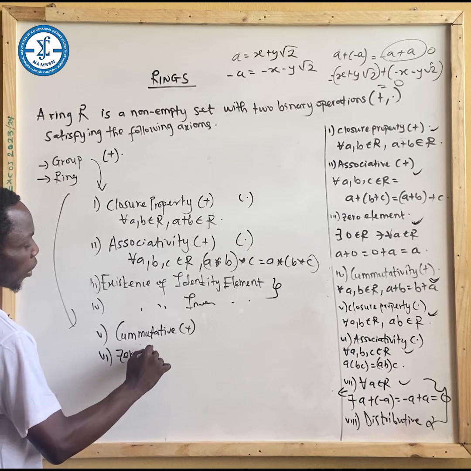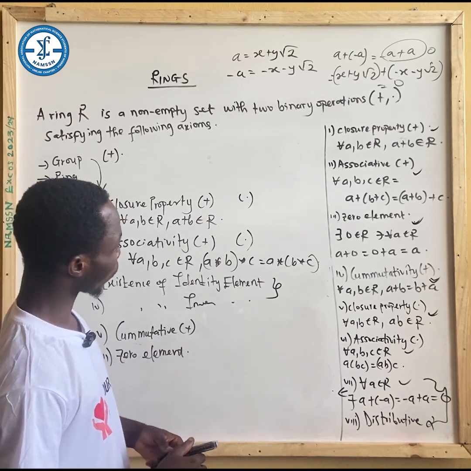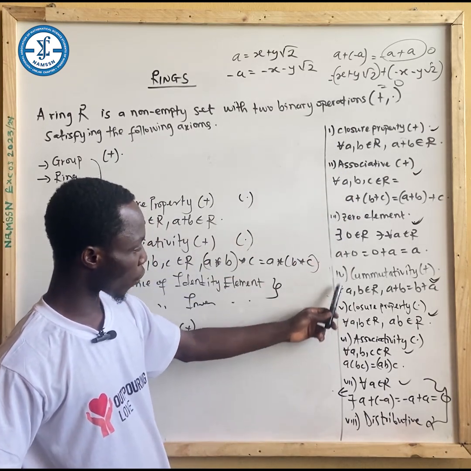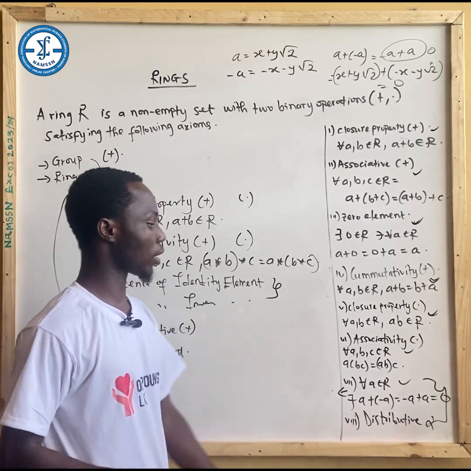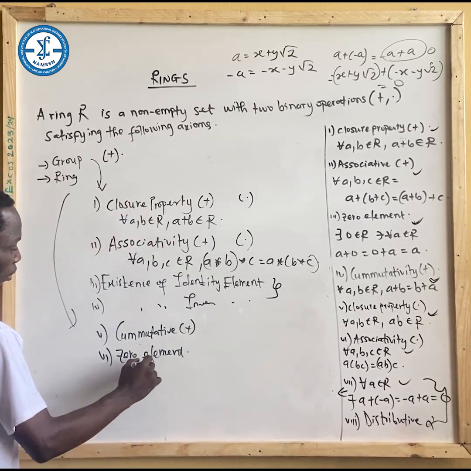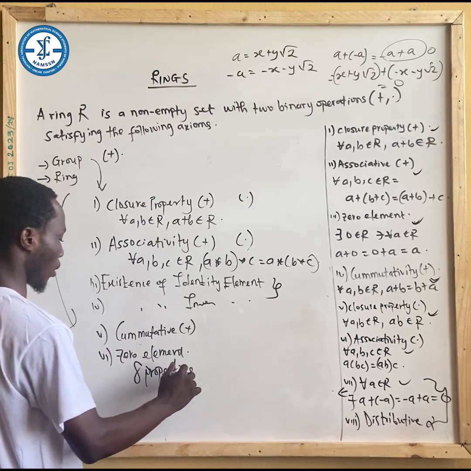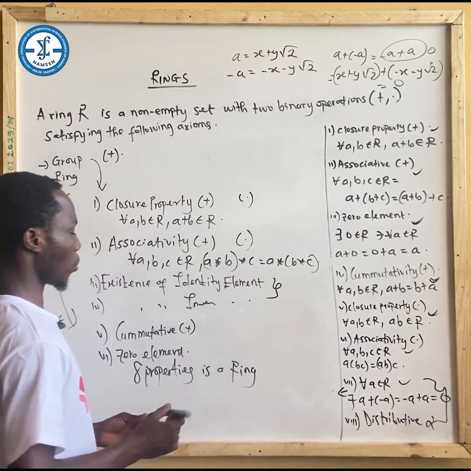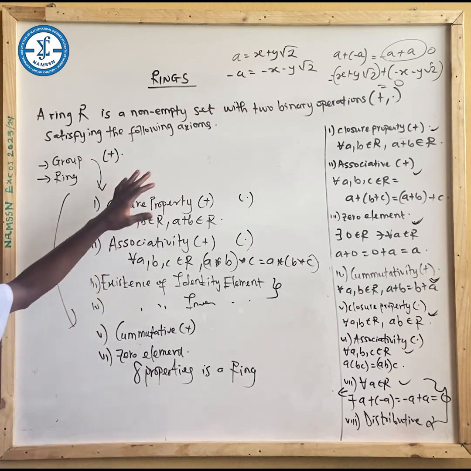So when you count the number of properties it has to satisfy for it to be a ring, you have 1, 2, 3, 4, 5, 6, 7, 8. I think 8 properties before we can say a particular set is a ring. Some of the keynotes I said was, if you are given a set and you are told to prove that it's a group, first thing you do is to define what a group is.